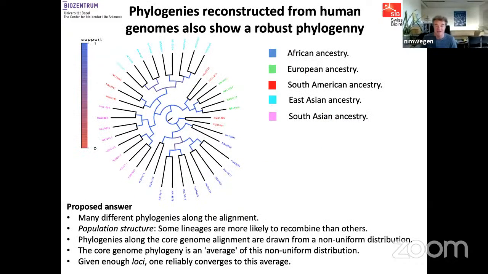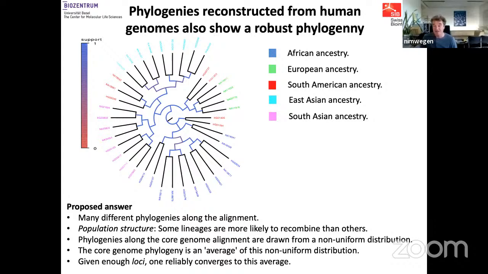Right. So to explain that, what I did here is I went to the database of the 1,000 Genomes Project from human, and we sampled a random set of human genomes, took autosomal chromosomes, and basically did the same thing. We built a core tree, and then we resampled large numbers of loci and rebuilt the tree.